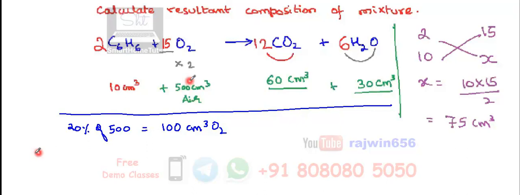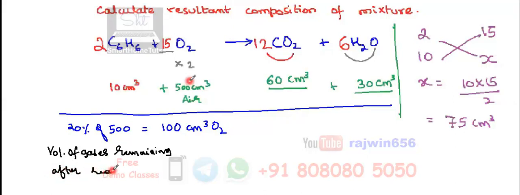So amount of oxygen remaining, that is after the reaction, so this is going to be the volume of gases remaining after the completion of reaction. Okay, oxygen, that is O2. This is going to be 100 cm³ minus 75 cm³, which is used up.